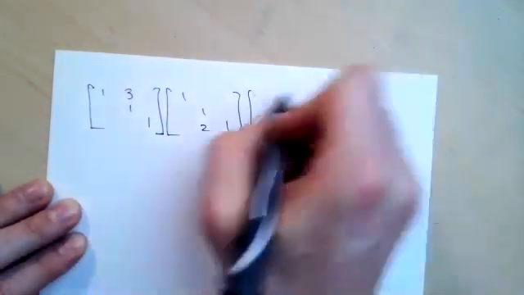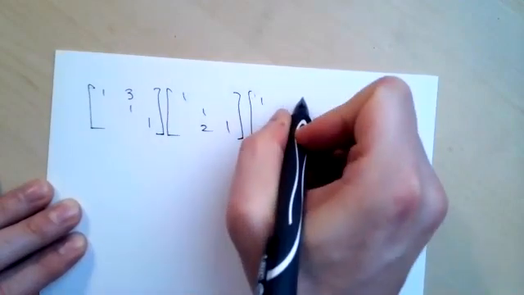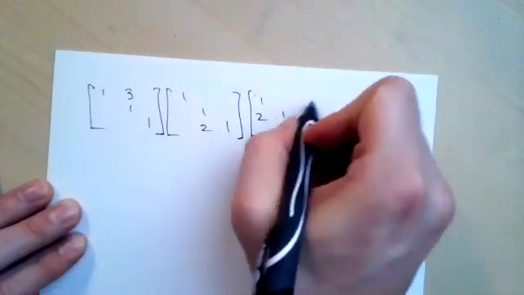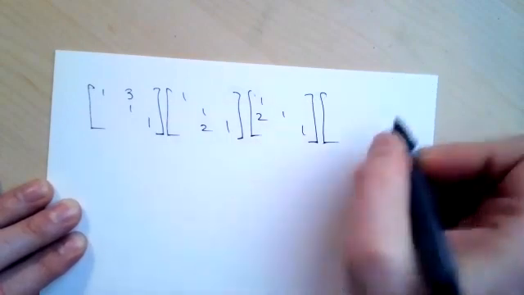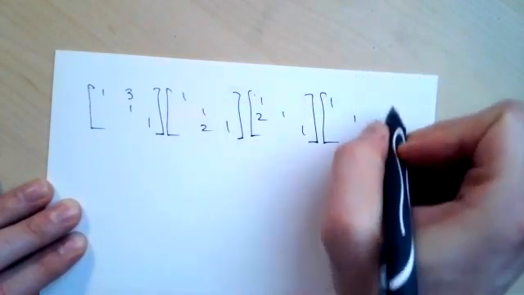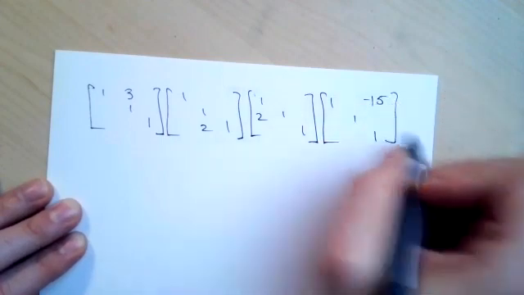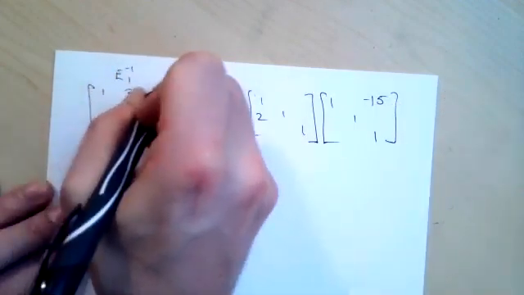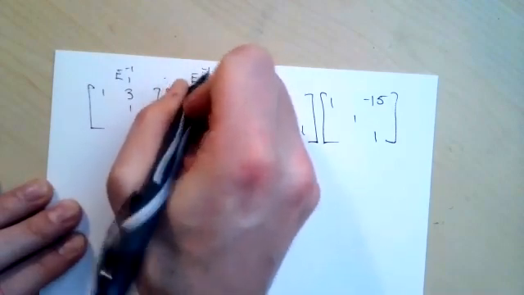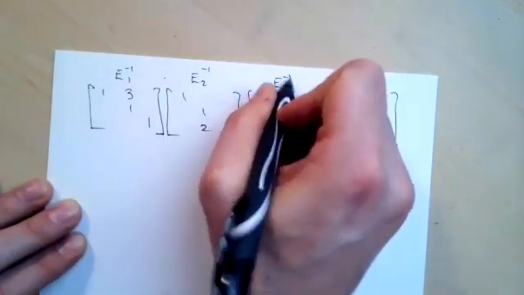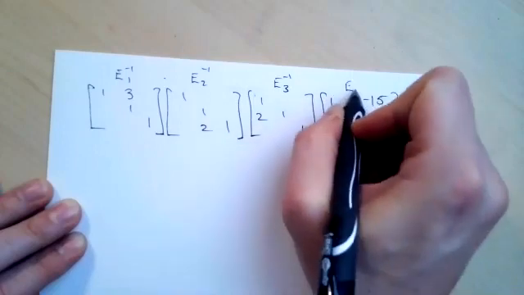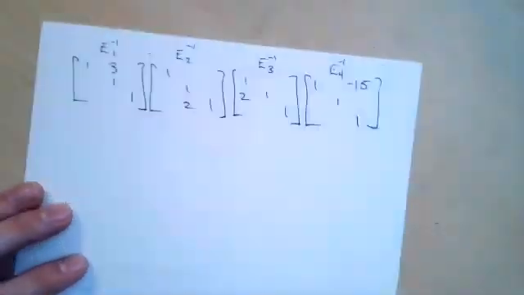Our E3 inverse, diagonal, had a 2 here. And then E4 had the top right as a 15. So that's E1 inverse times E2 inverse, E3 inverse, and E4 inverse.